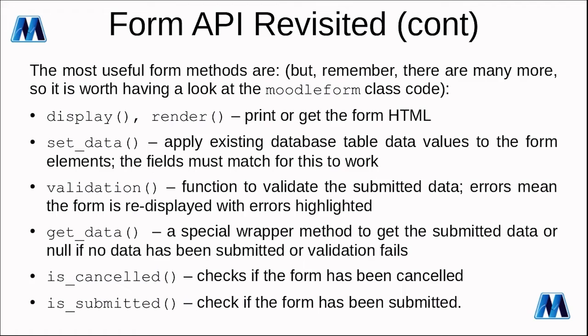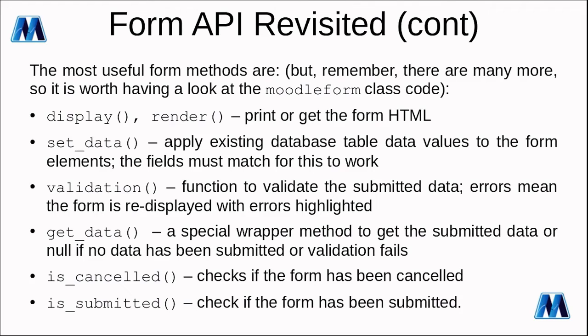We have a method called validation. Once the form has been submitted, we can validate the data that's coming through. So if we've got special cases that we need to pick up, for example, we want to see whether it's an existing file name, we could do some validation. Okay, and then the errors are sent back.